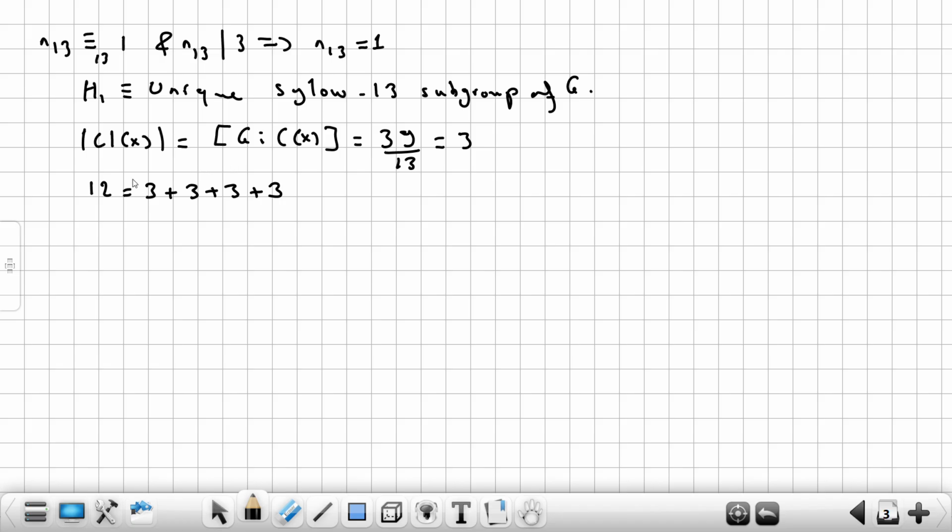Now this leaves us with 26 non-trivial elements, each of order 3.